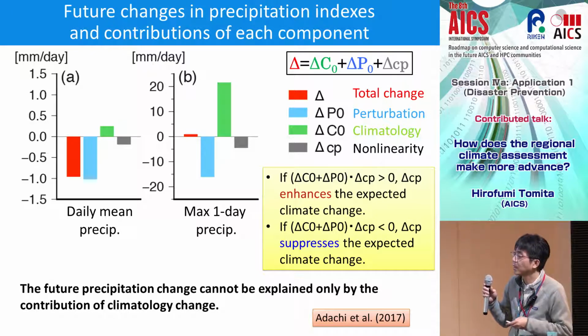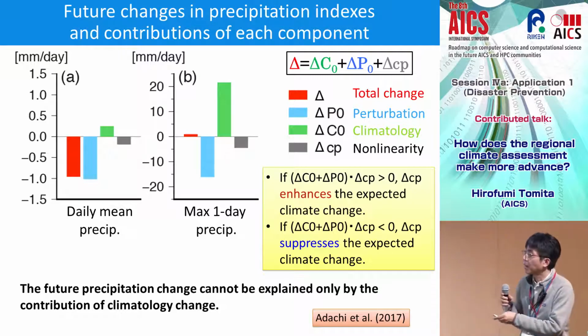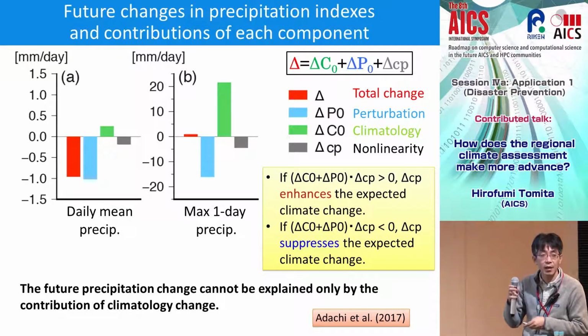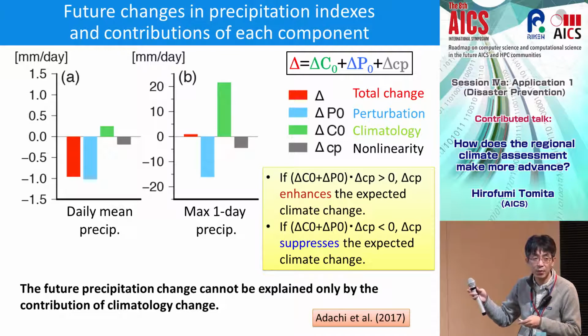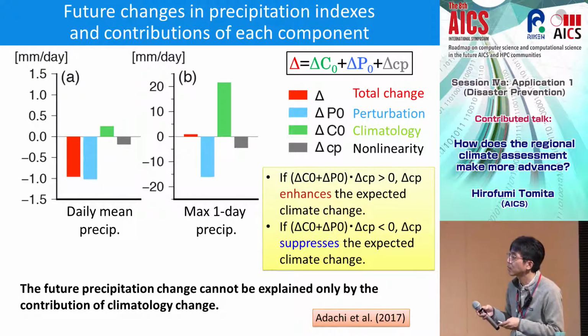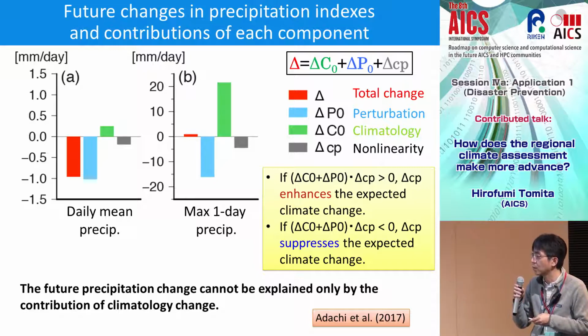So typically, this is the mean value, and this is the extreme value. Okay. And the important point is here: delta C and delta P represent the expected climate, that is the linear system. And if this sign and the interaction sign are the same, in that case, the interaction enhances the expected climate change.